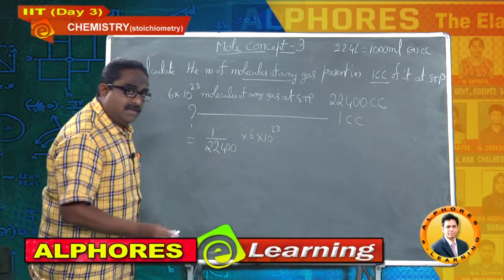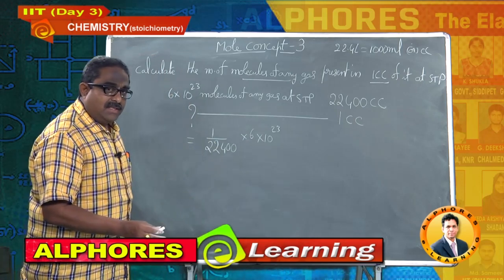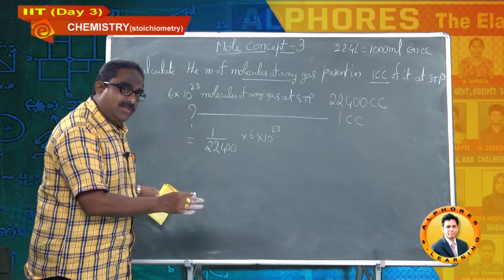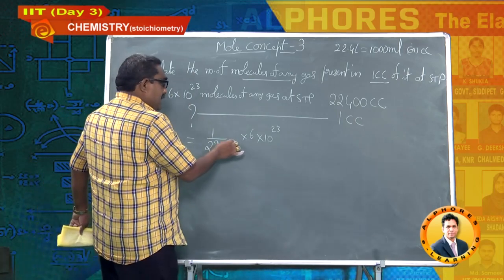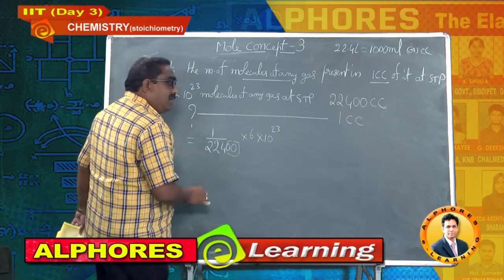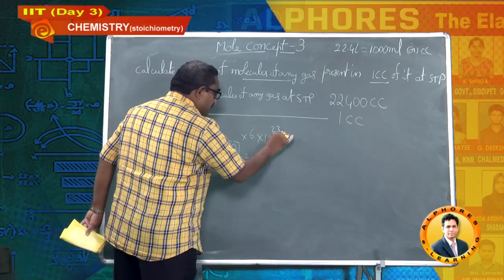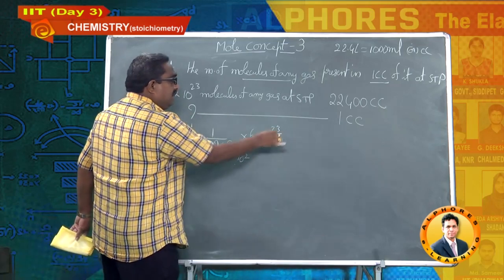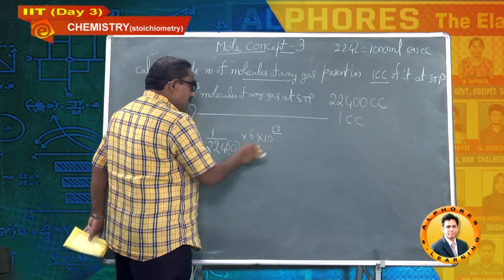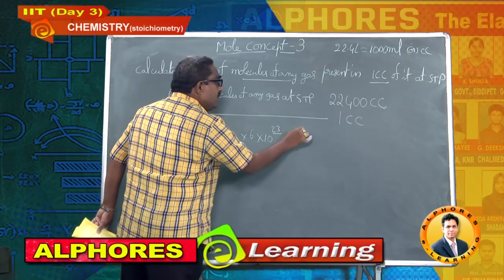See the calculation. Students, please concentrate on the calculation approach also. You can write 22,400 as 224 into 10 square, students. This is 10 power 23. If you take this to the numerator, it becomes 10 power minus 2.